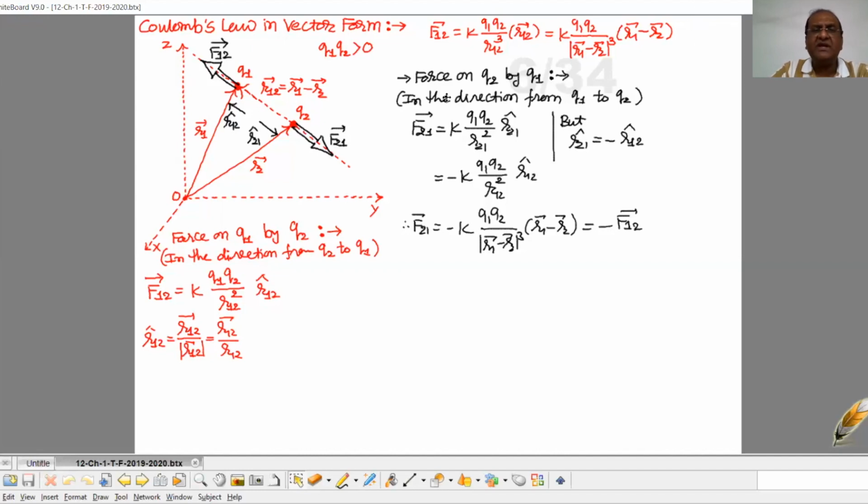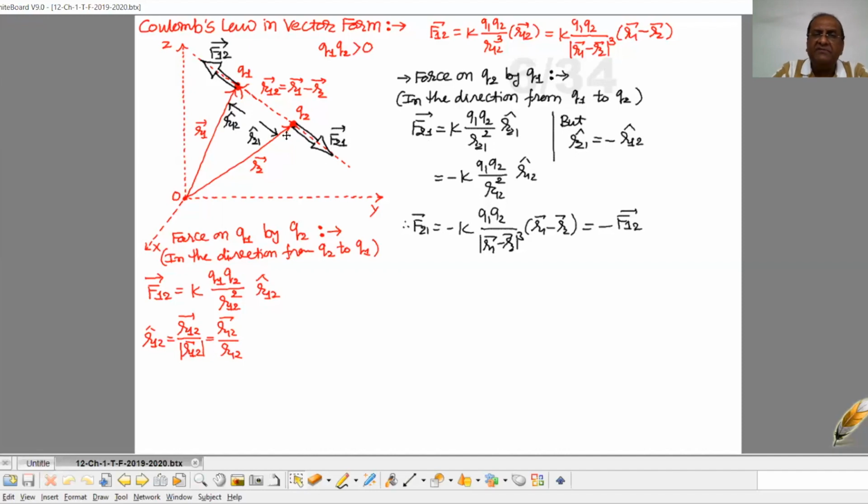Now suppose we think about the force on q2 by q1. That will be in the direction from q1 to q2, because q1 is repelling q2. So we can write the force on 2 by 1 equal to k q1 q2 upon r21 square into r21 caret. r21 caret is the unit vector in the direction of this force.